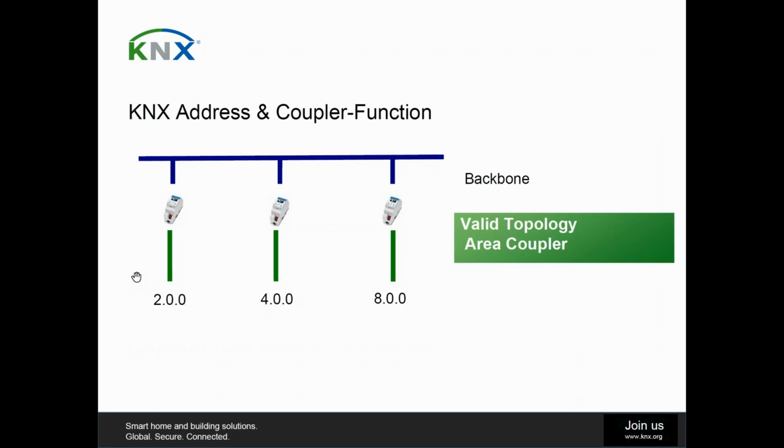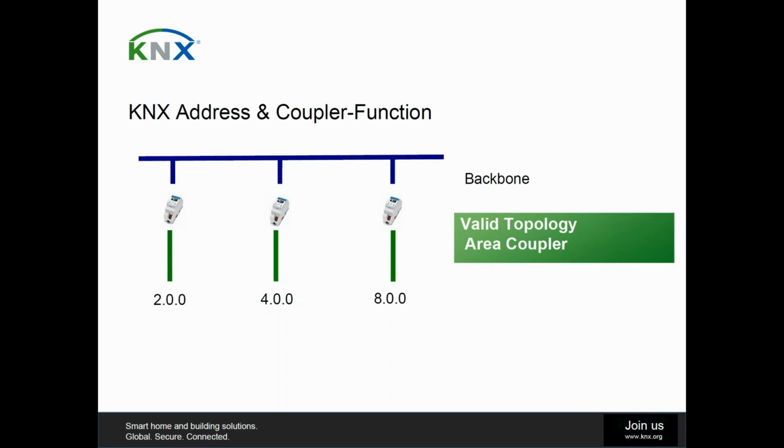We have the area coupler functionality. That means if you give the physical address of the routing device two zeros at the end, then its function is an area coupler. An area coupler can only couple areas.